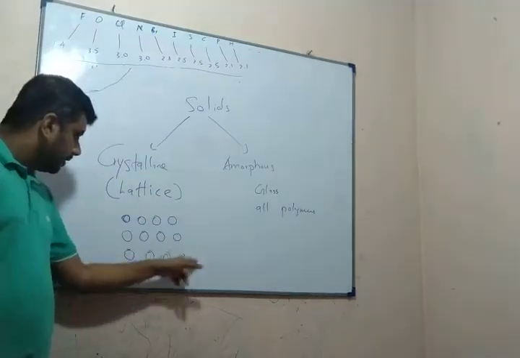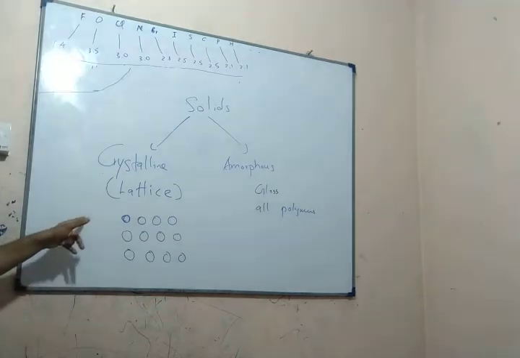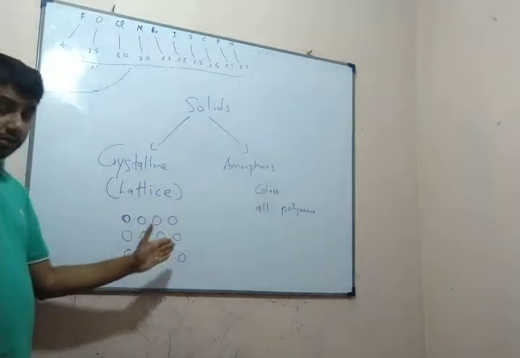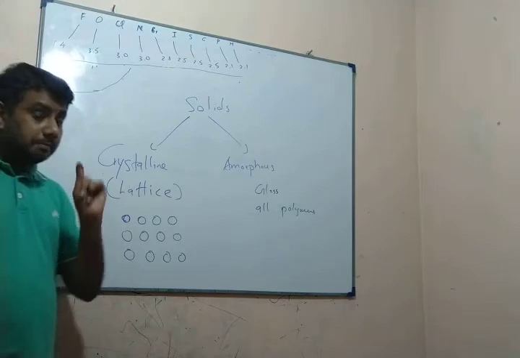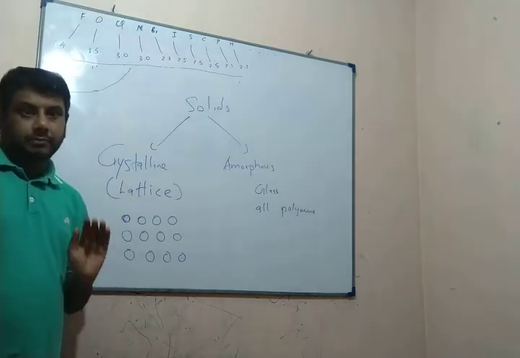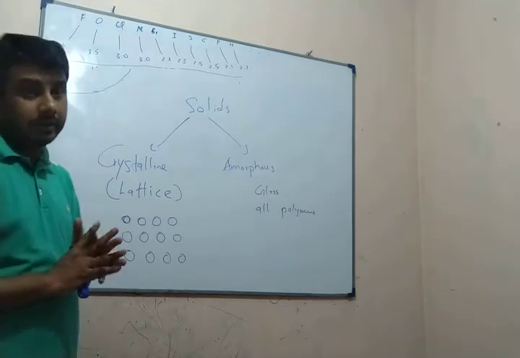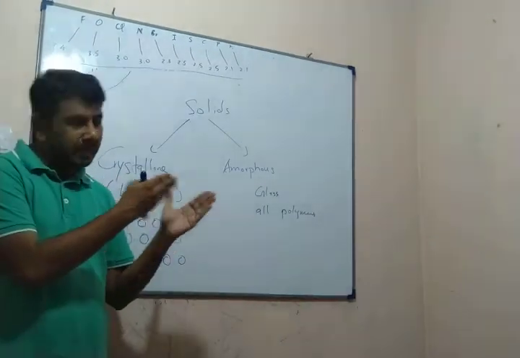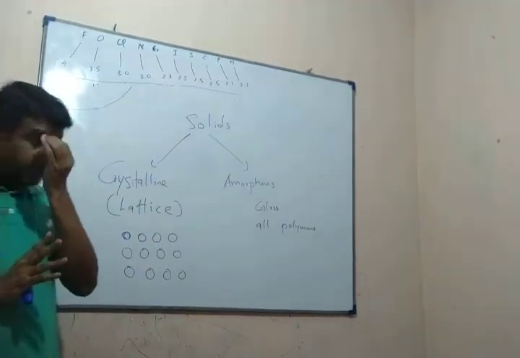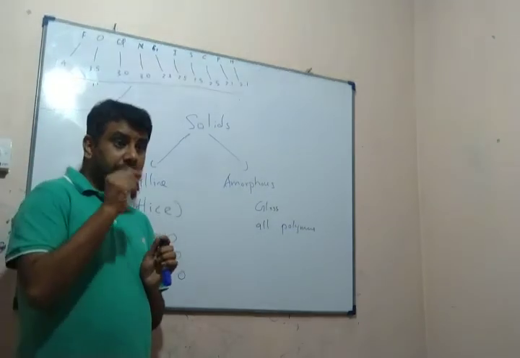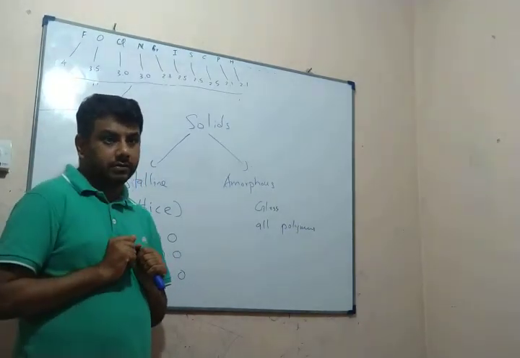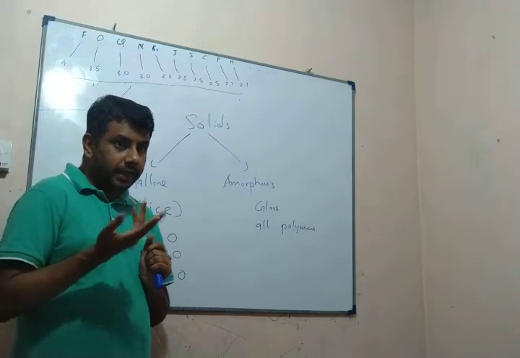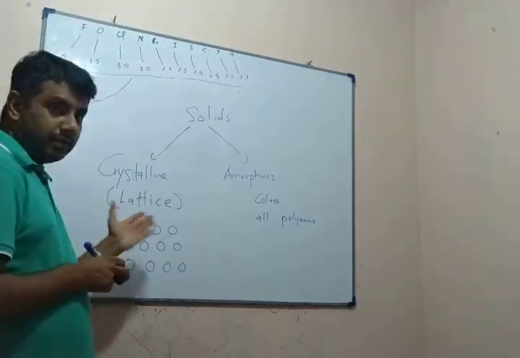These lattices, that means crystalline solids, have a particular sharp melting point and boiling point, especially melting point. Ice is a crystalline solid.